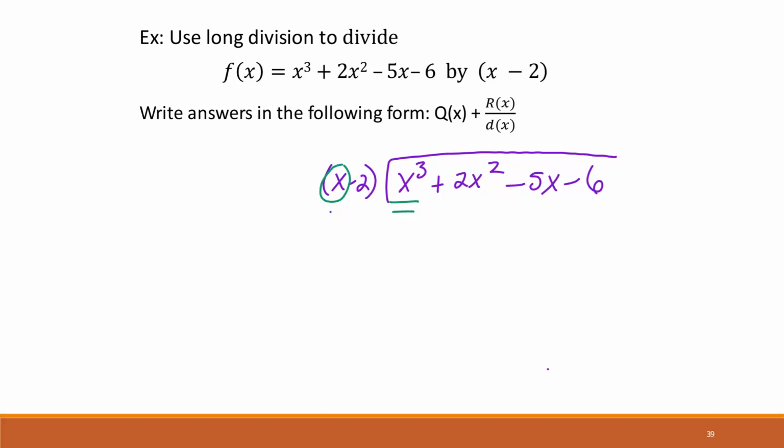If I want to get an x cubed from an x, I need to multiply by x squared. We're going to line that up with the x squared term here.